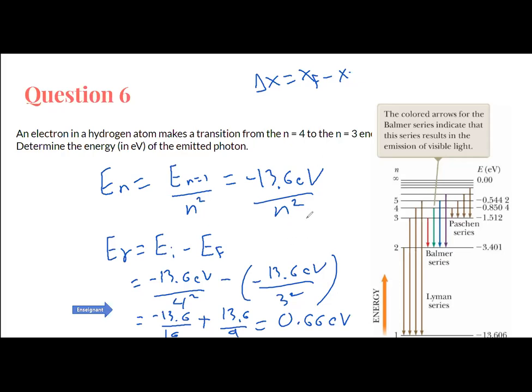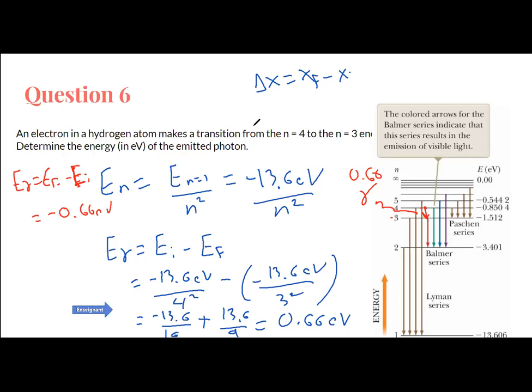There we go. So you're told your transition is from this level to this level, and because the third level is lower energy, you release a photon with an energy of 0.66. That's why the formula is not written the other way, because if you write it like that, you will end up with a negative energy, like negative 0.66.